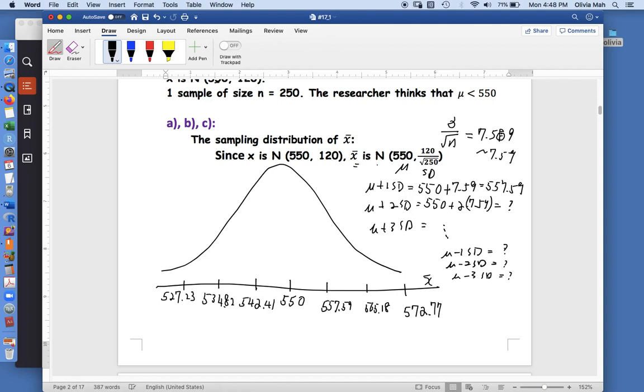Double check. Okay, good. So I have 6 markings: plus 1 standard deviation, plus 2 standard deviations, plus 3 standard deviations, minus 1 standard deviation, minus 2 standard deviations, minus 3 standard deviations.